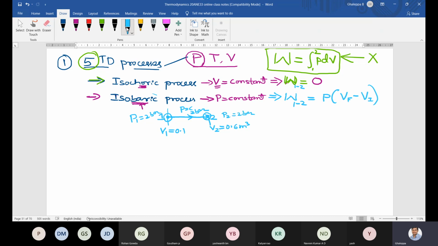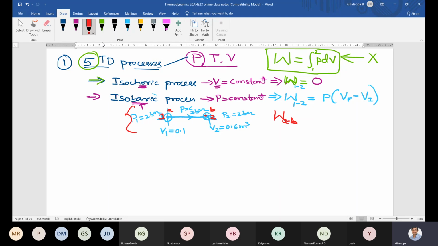So for this process, how do we apply this equation? So W 1 to 2. Why am I writing 1 to 2? Because I have taken the initial point as 1 and the final point as 2. In some numericals, to confuse the students, they will change the initial point to A and the final point to B. In this case, do not take 1 and 2, because they have clearly given A and B. So I need to write A to B process.